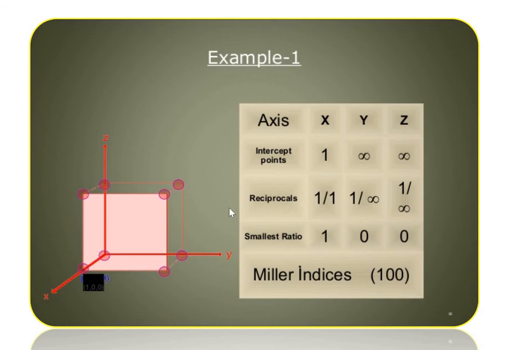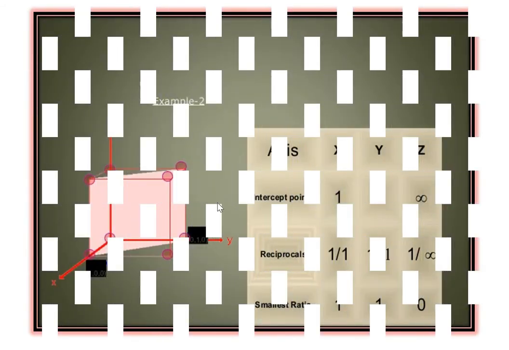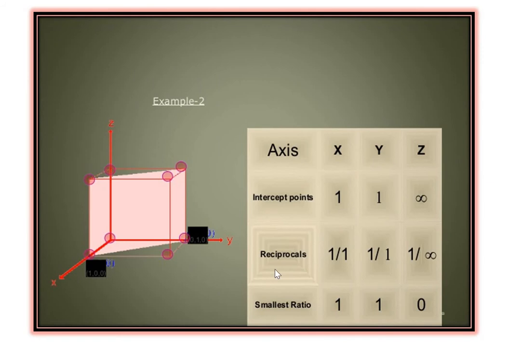Miller indices are 1, 0, 0. In the second example, likewise this plane intersects along the x-axis at 1, along the y-axis at 1, but it is parallel to the z-axis. Then the intercepts are 1, 1, infinity. Reciprocals are 1 upon 1, 1 upon 1, 1 upon infinity. So the smallest ratio is 1, 1, 0. The Miller indices of this plane are 1, 1, 0.